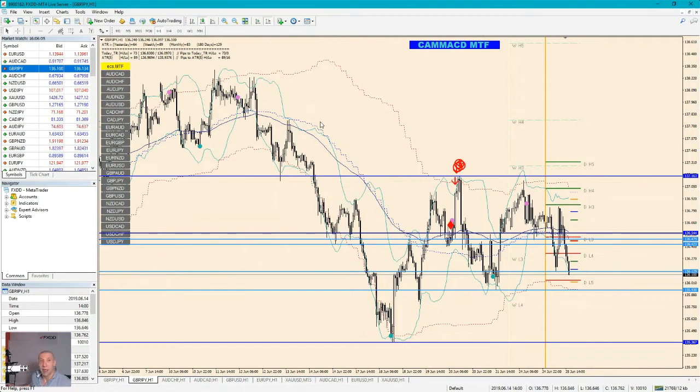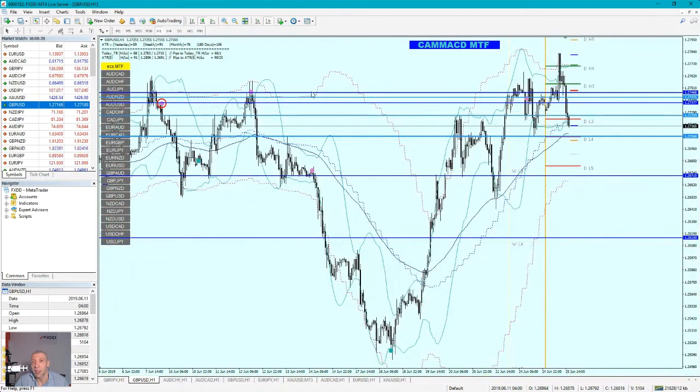It's pretty much very clear that the pair is still struggling to go up and down. The same goes for the GBP dollar. There is nothing supportive at this point until Brexit impulse slows down. Everything is now about Brexit.